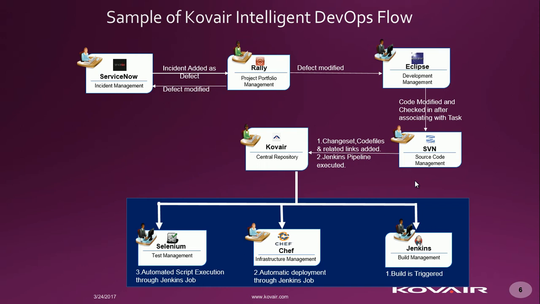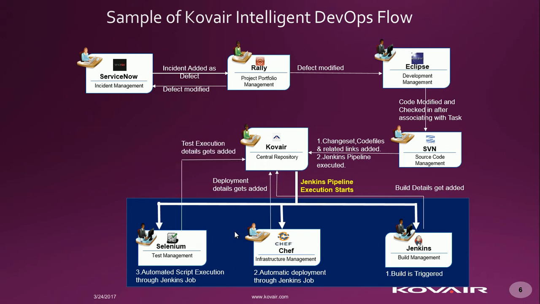Next comes deployment, which will be taken care by Chef. And finally, automation testing by Selenium. Once we trigger the pipeline, the job starts executing one by one. Kovair acts as a central repository where all the data will be stored, out of which we create various reports and dashboards for monitoring purpose.